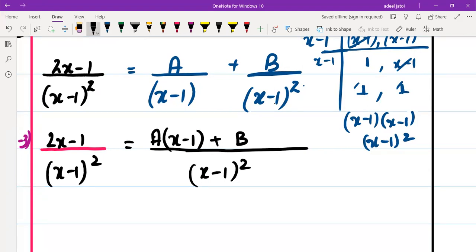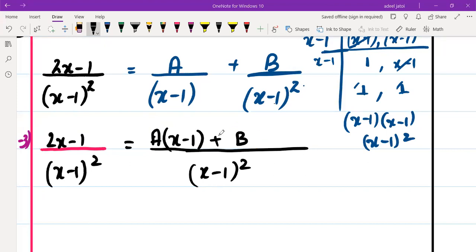Remember that when you write down the value, your LCM is divided by the denominator. So x minus 1 whole square divided by x minus 1, the x minus 1 in square is cancelled. You are left with only x minus 1. This x minus 1 will be multiplied by what? A. Whereas this x minus 1 whole square is divided by x minus 1, so this entire bracket is cancelled. So you are left with 1. 1 multiplied by B is only B.